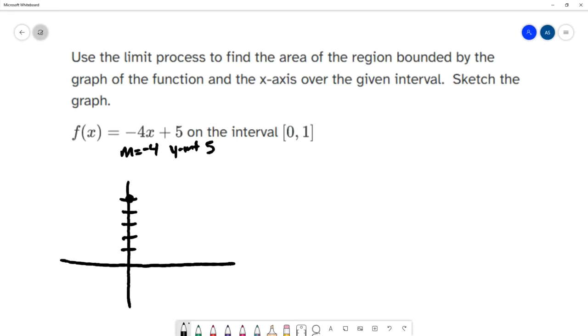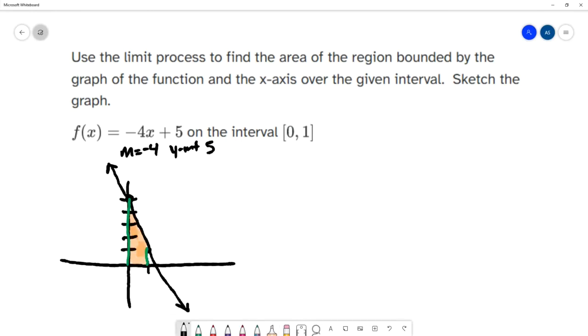We're going to use the slope, so I'm going to go down 4, 1, 2, 3, 4, and over 1, and connect those 2 points with a straight line. So we're interested in finding the area from x equals 0, there's the vertical line x equals 0, to x equals 1. So we're looking for the area from this curve to the x-axis.